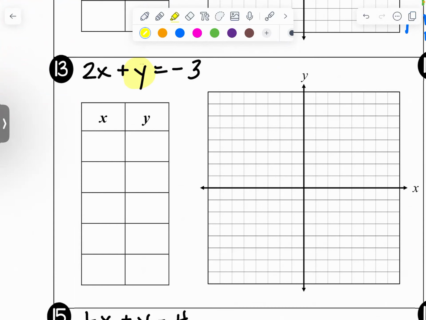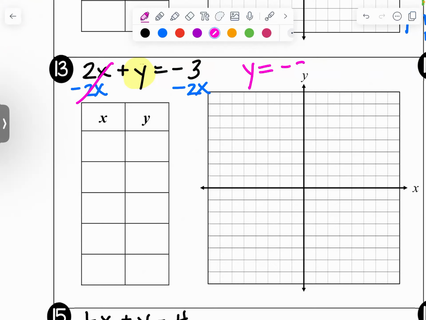Okay, so how do I move the 2x? What operation is in between 2x and y? So to undo it, we need to subtract it from both sides. So what we end up with is y equals, no. Do both of them have an x?